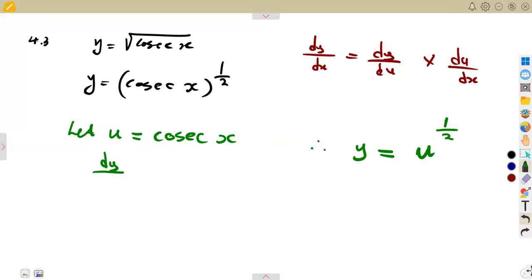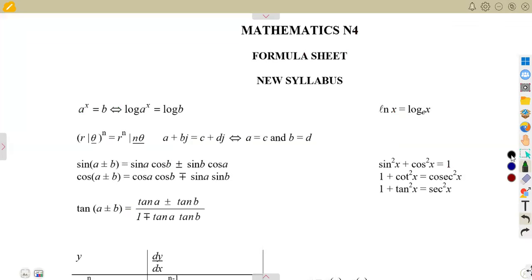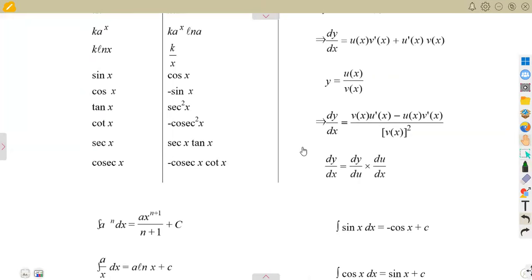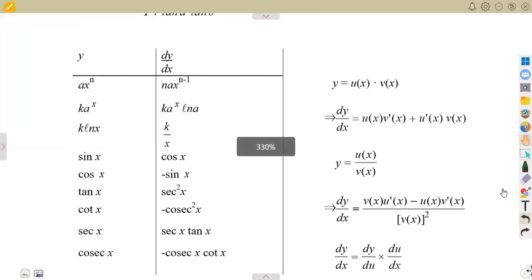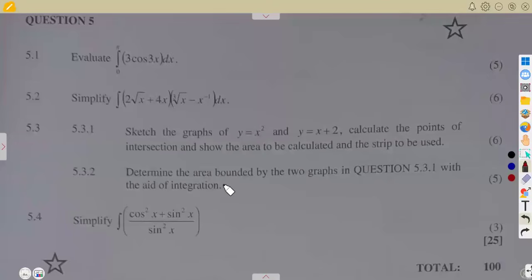The derivative of u with respect to x: remember, the derivative of cosec gives us minus cosec cot, which we also have from our formula sheet dealing with derivatives. So the derivative of cosec x is minus cosec x cot x.